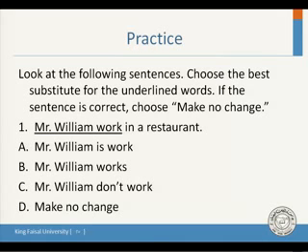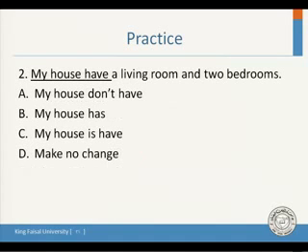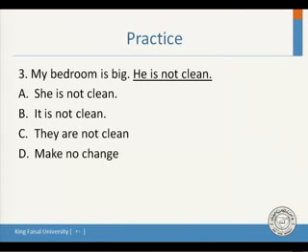So the sentence should be Mr. William works, not work. Sentence 2, my house have a living room and 2 bedrooms. My house has a living room, not have. My bedroom is big. He is not clean. You are talking about the bedroom. What is the subject pronoun we use for a bedroom? It, not he. It is not clean.